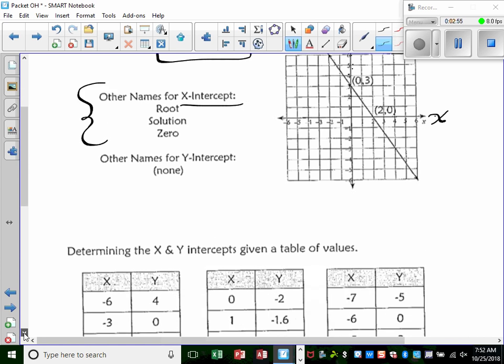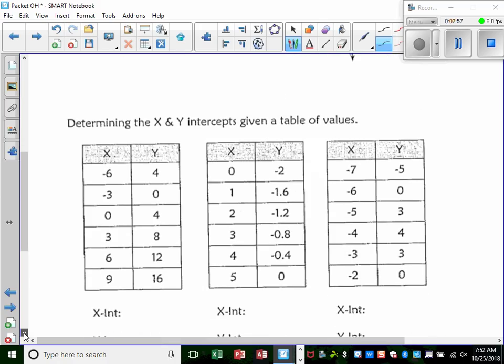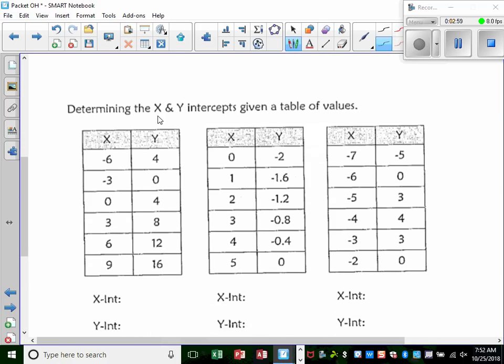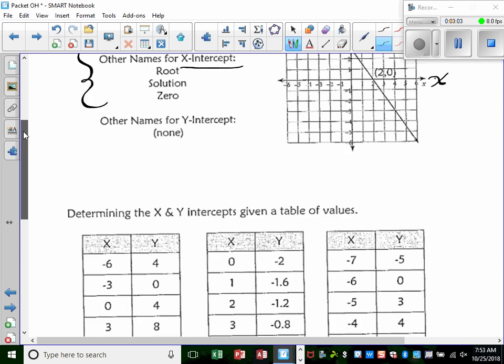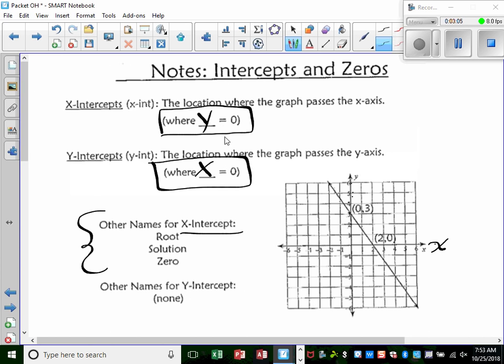All right. So how do you determine the x and y intercepts? It's really based on the first thing we wrote down right here. So I'm looking where y is 0 in a table or on the graph or in a mapping. If I'm looking for the y-intercept, I'm looking in the column where x is 0.